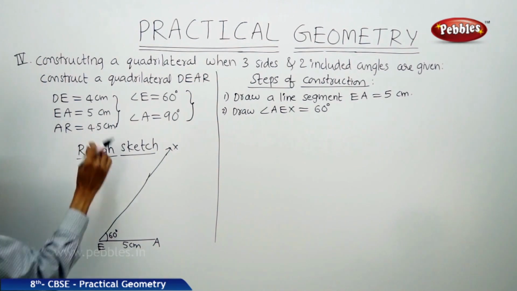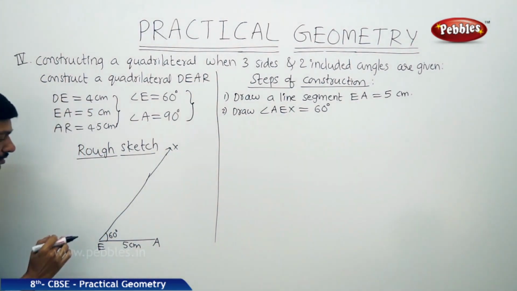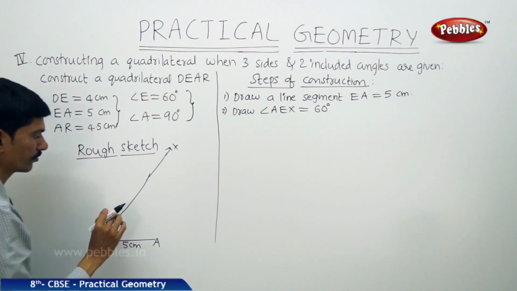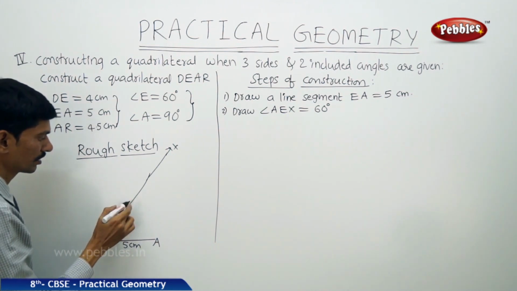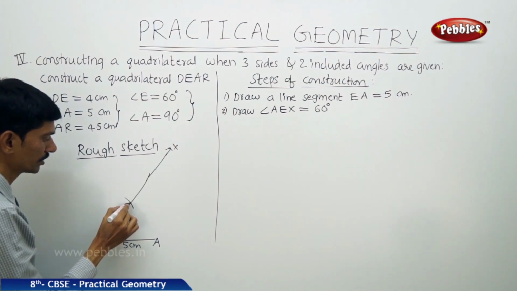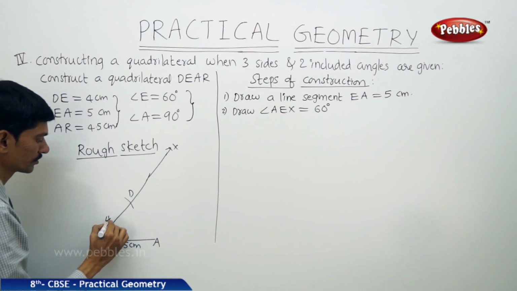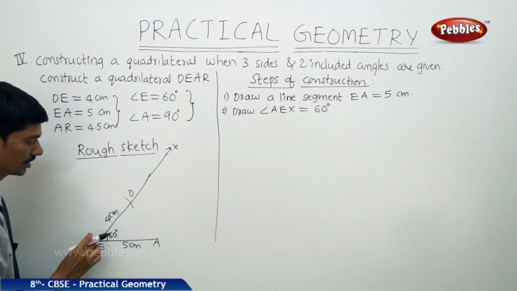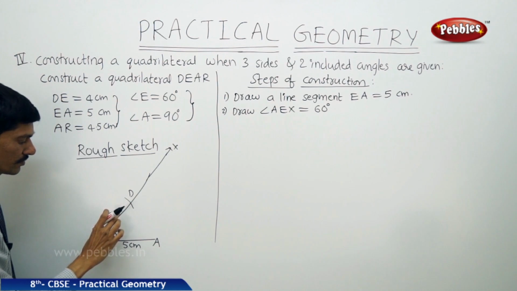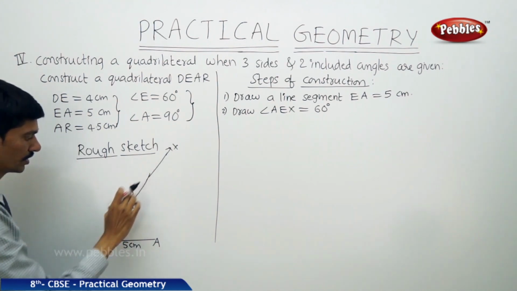So we will take DE side now. So DE is given that 4 centimeters. So take E center and 4 centimeters radius. Draw an arc to cut off the EX ray at D. So here DE is 4 centimeters.